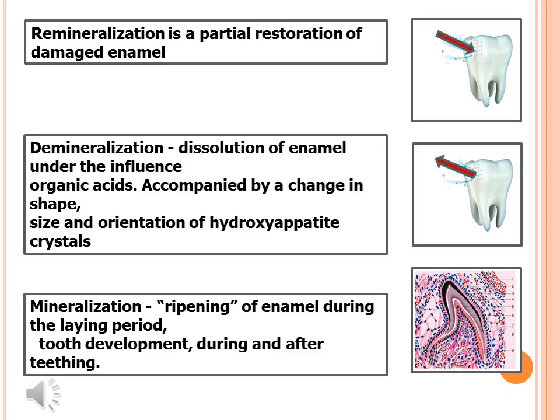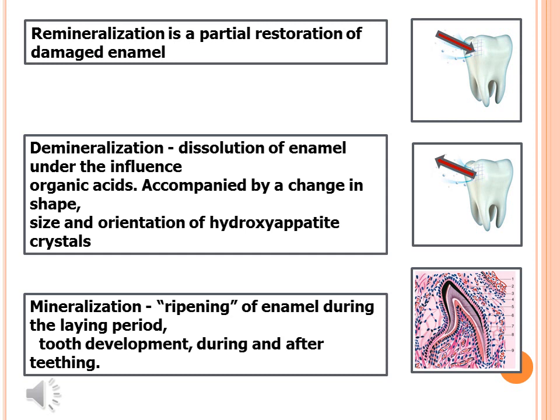The process of replenishing the deficiency of trace elements will depend on the properties of the enamel and the content of trace elements. The continuous processes of remineralization and demineralization in tooth enamel normally compensate each other.